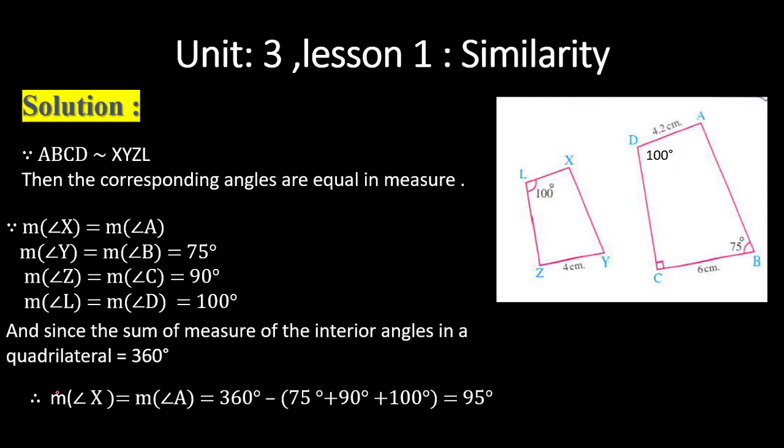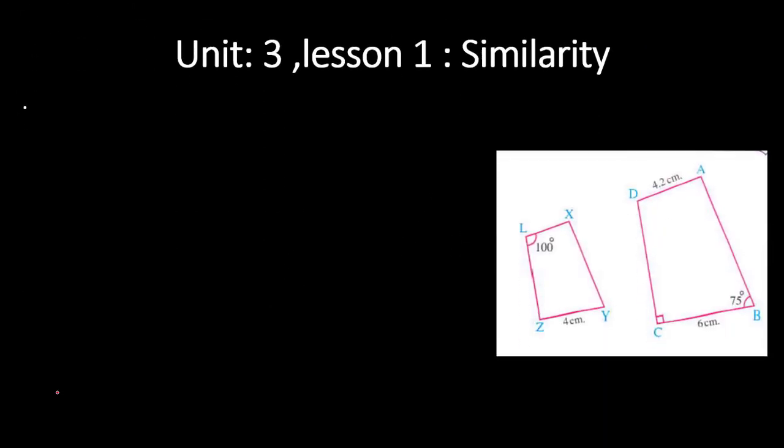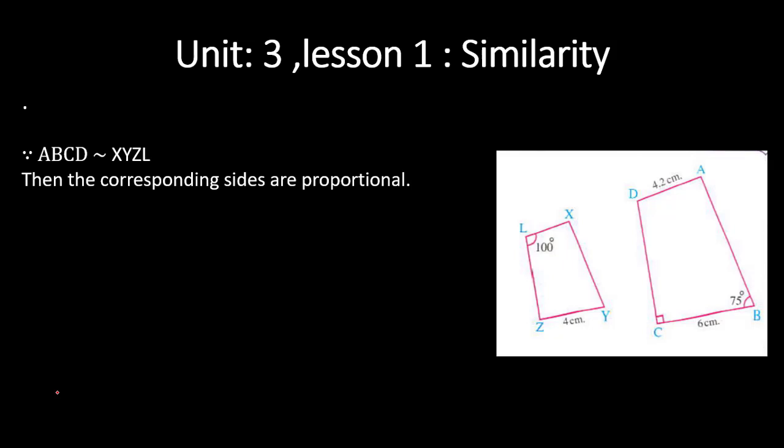This is number 1. Number 2, I want to get a length, so I should make the proportional sides: XY over AD equals YZ over BC. I want XL. AD, as we see here, is 4.2. So XL over 4.2 equals YZ over BC, which is 4 over 6.